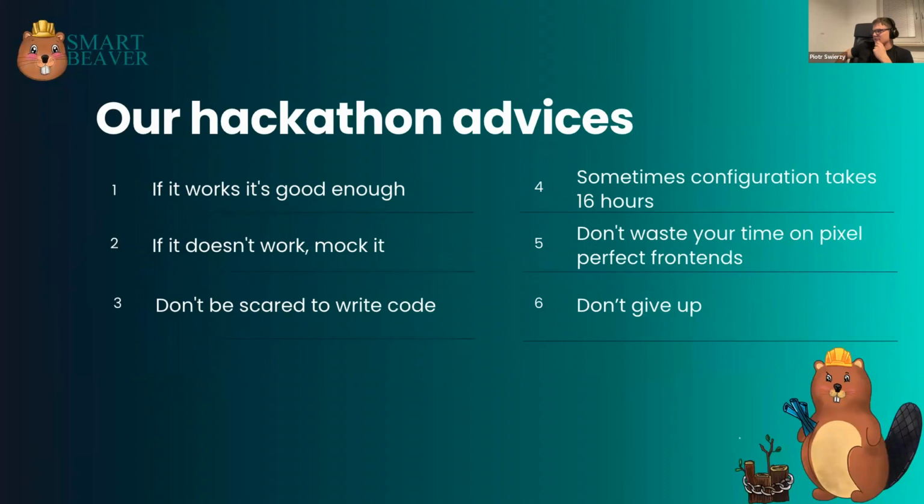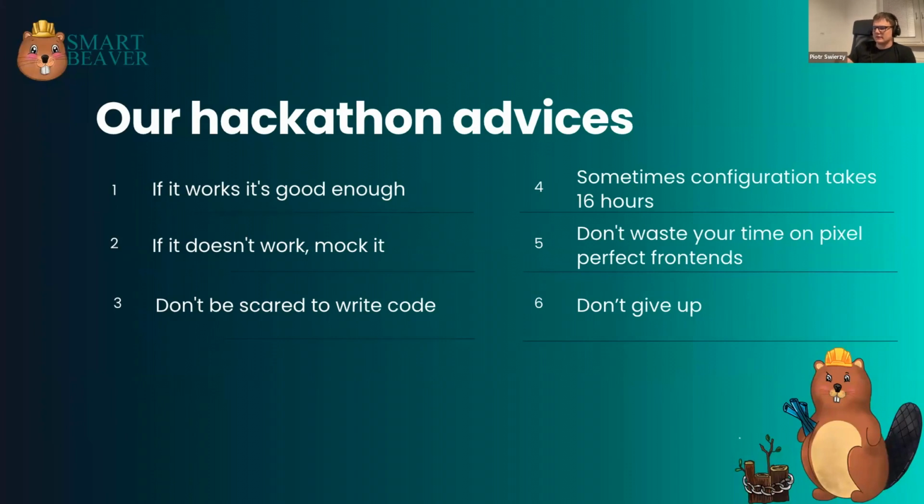So configuration sometimes just takes 16 hours. Also, don't waste your time on pixel-perfect front ends. Your hackathon solution doesn't need to be mobile friendly or responsive. Create a solution that looks good enough, and really don't lose time making everything pixel perfect.